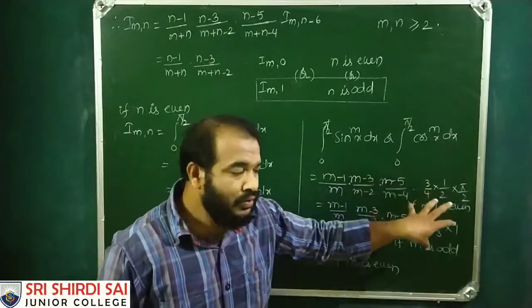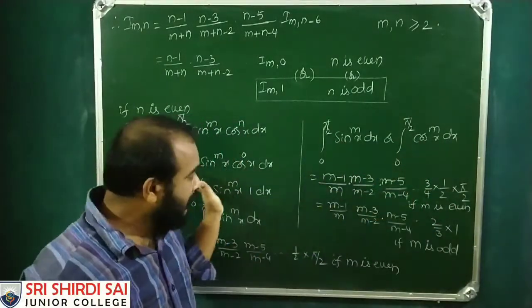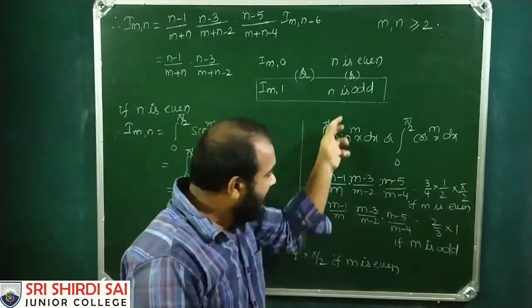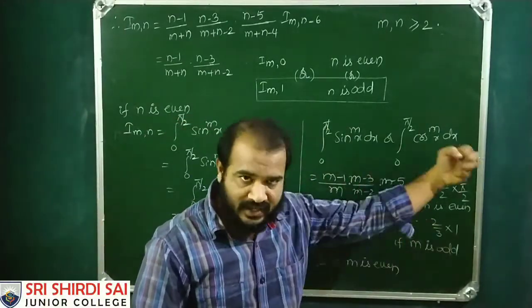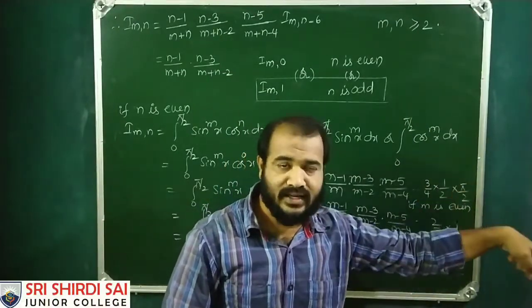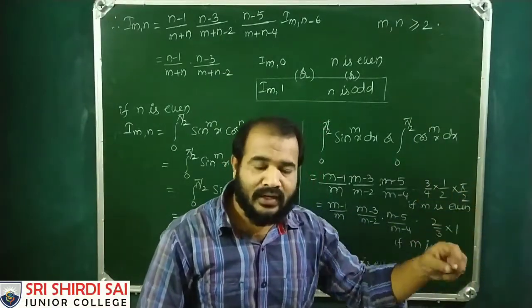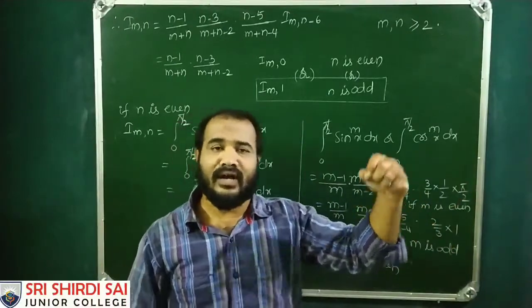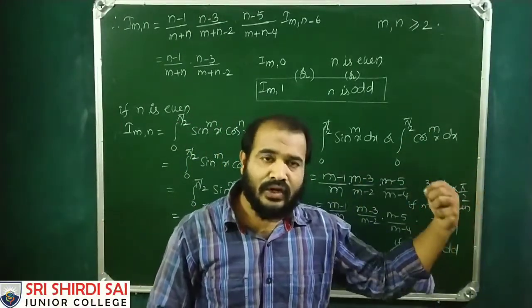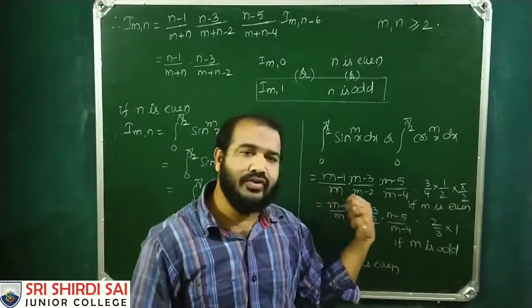I am telling you, this has nothing to do with what we are discussing now. These results we discussed earlier, yesterday. Integral 0 to pi by 2 sine power nx dx is equal to integral 0 to pi by 2 cos power nx dx. In the place of n, I have simply substituted m, that's it.